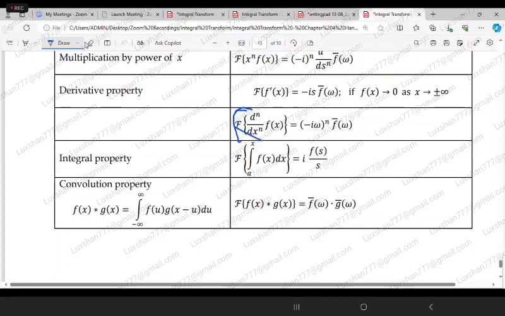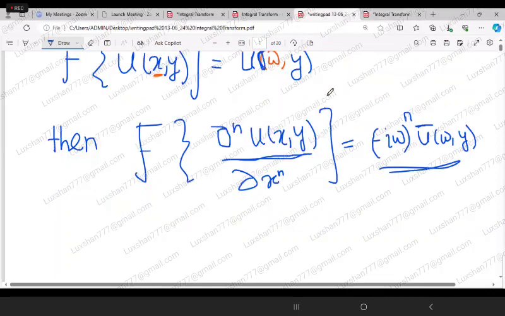When you have one variable, that is the case: the Fourier transform of the nth derivative of f(x) is equal to (minus i omega) to the power n times f bar(omega). Here we say derivative because we have only one variable. Similarly, since we have two variables here, when we have the partial derivative with respect to x, that would be equal to (minus i omega) to the power n times u bar(omega, y).